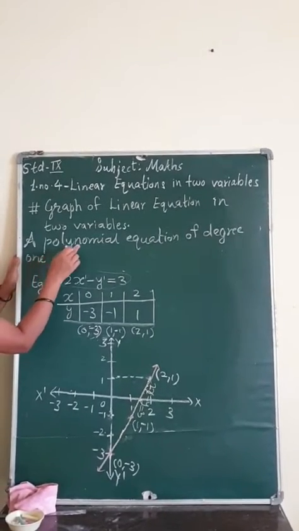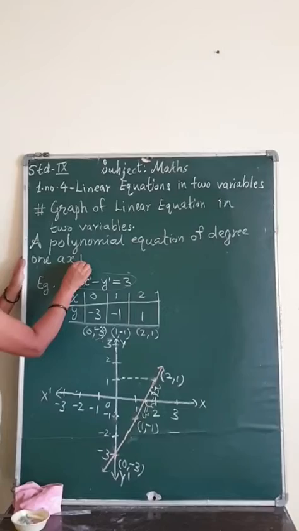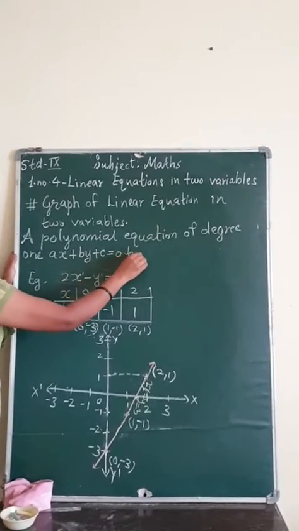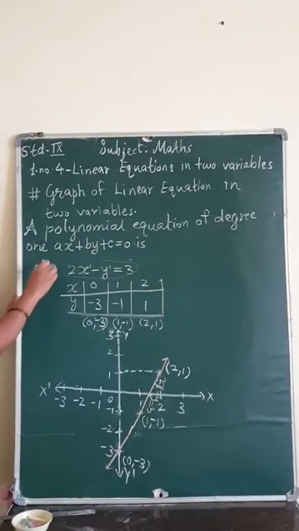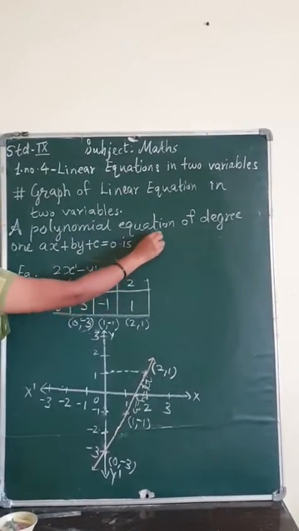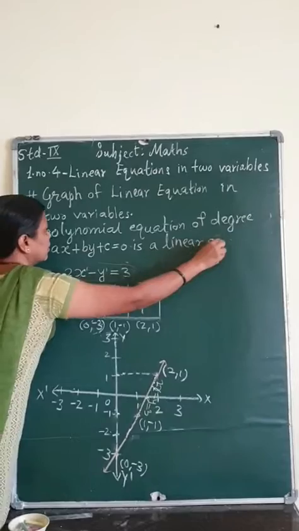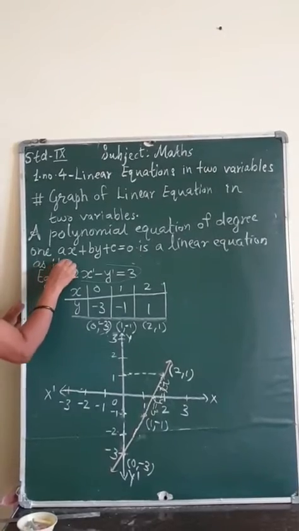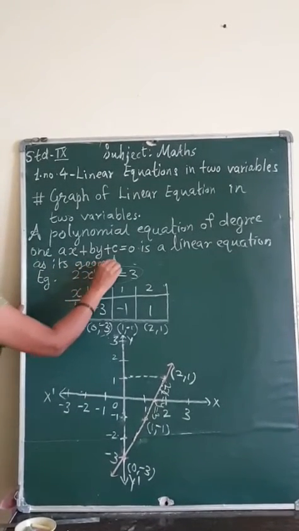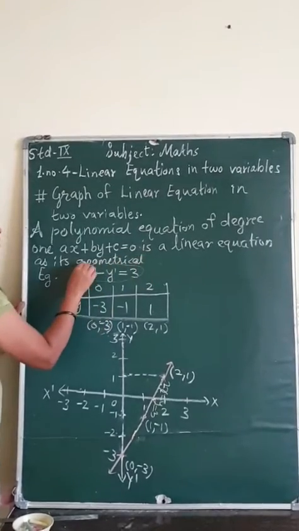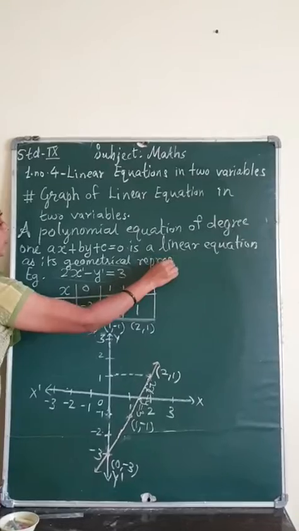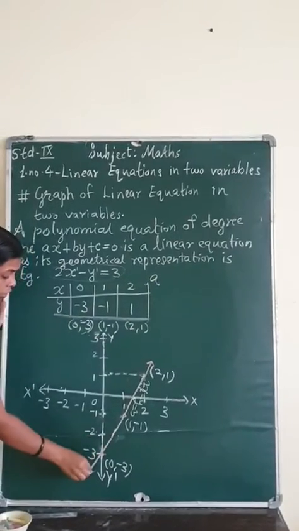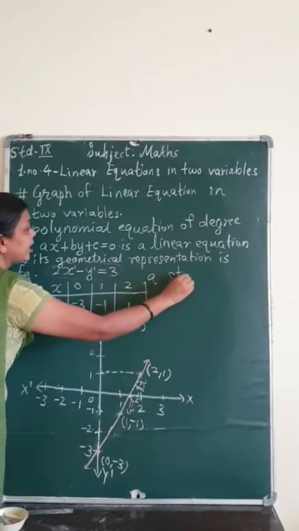A polynomial equation of degree 1 in the form ax plus by plus c is equal to 0 is a linear equation in two variables, and its geometrical representation, as we can observe here, is a straight line.